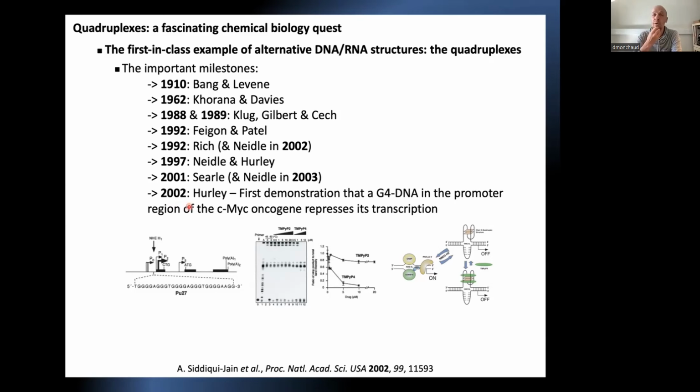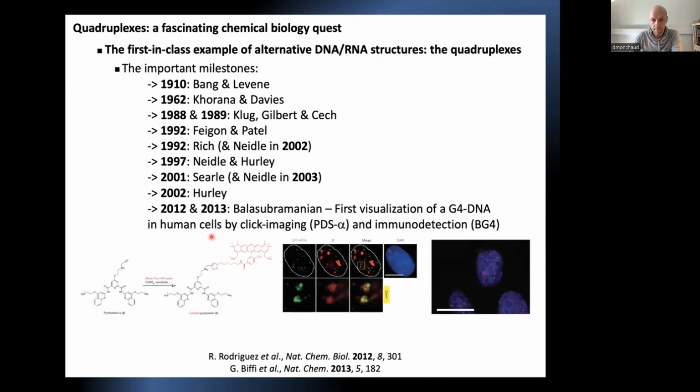So it was interesting because it was the first insight into the fact that G4s are not necessarily and only restricted to the telomere regions, and they can be also elsewhere in the genome.